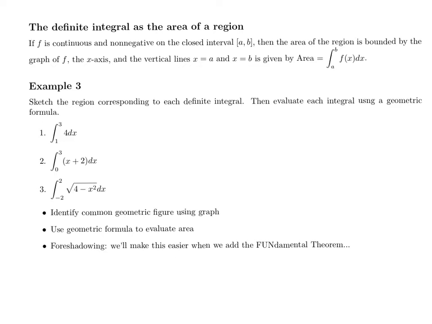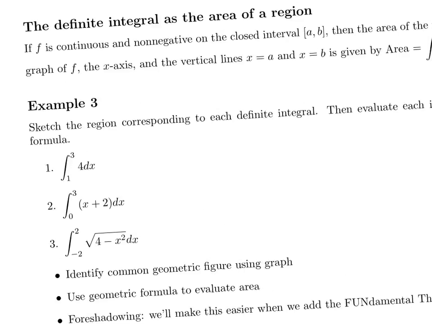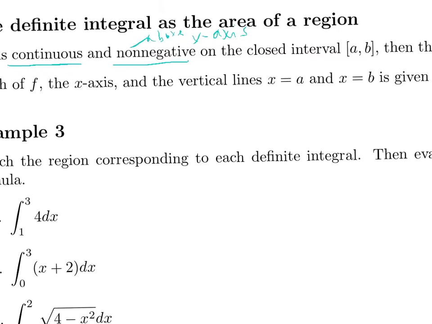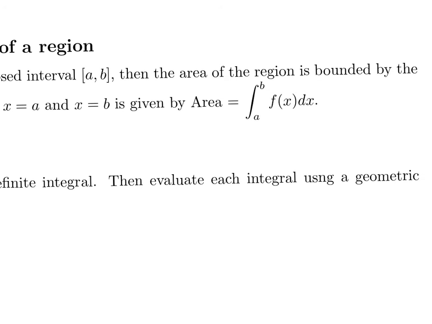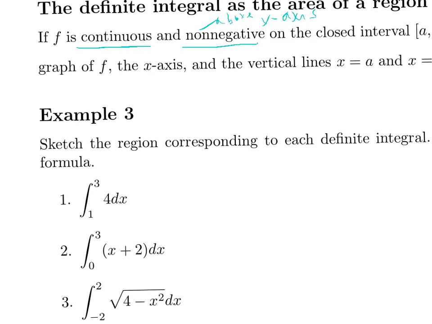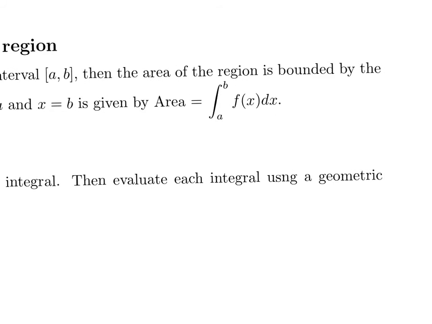So you're asking me, what does this squiggly line mean? Well, here's the key, and we'll talk more about what this means in just a second. If our function is continuous and non-negative, meaning that the y values are positive, above the x-axis, then the area that you are finding using this sum is exactly equal to this integral.